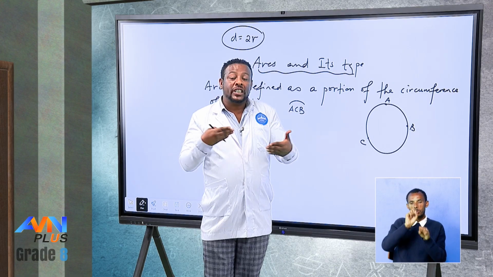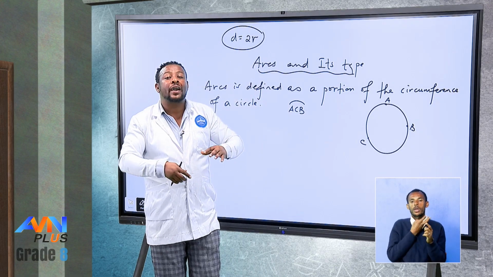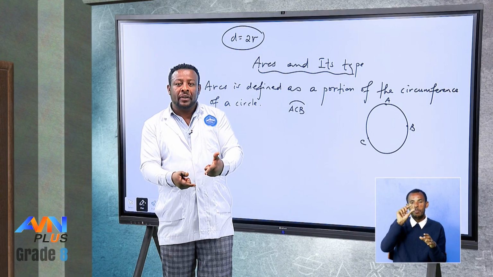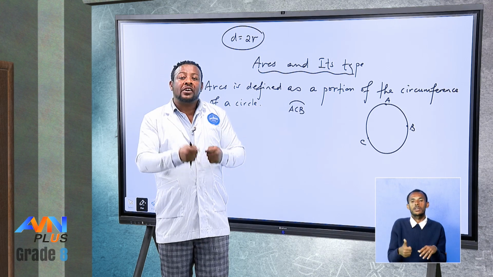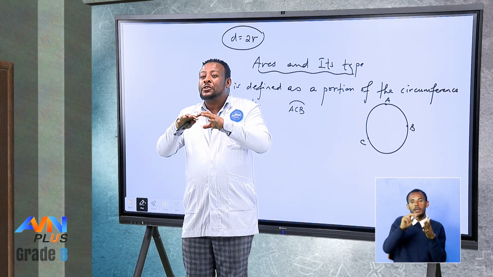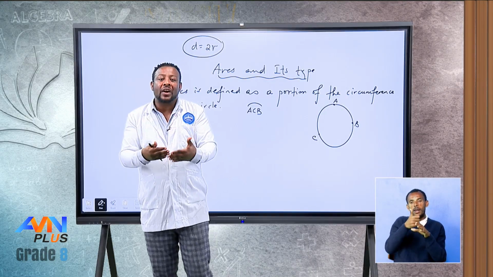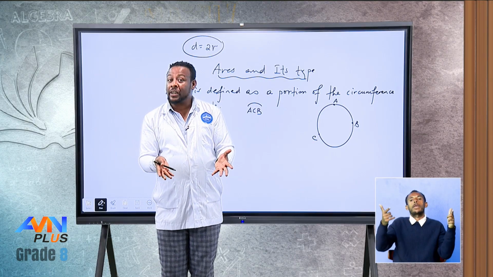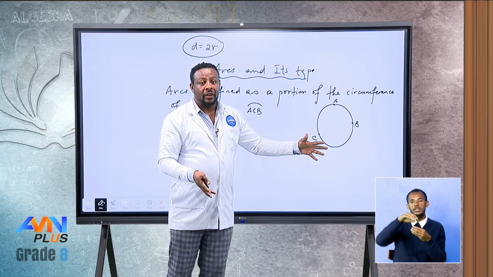So based on this situation, we can classify arc as major arc and minor arc. Okay? Minor arc refers to a small arc, and major arc refers to the bigger portion of the circumference or the bigger arc. Okay?